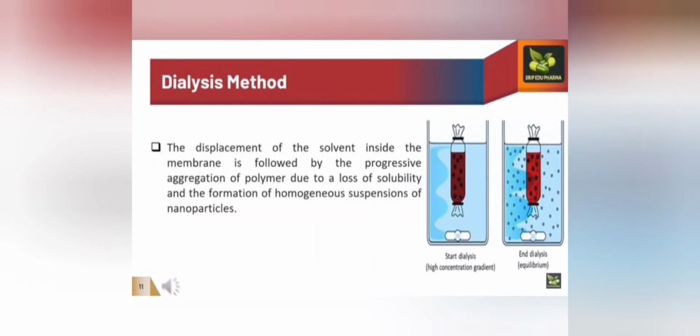Dialysis method. The displacement of a solvent inside the membranes is followed by the progressive aggregation of polymer due to a loss of solubility and the formation of a homogeneous suspension of nanoparticles.